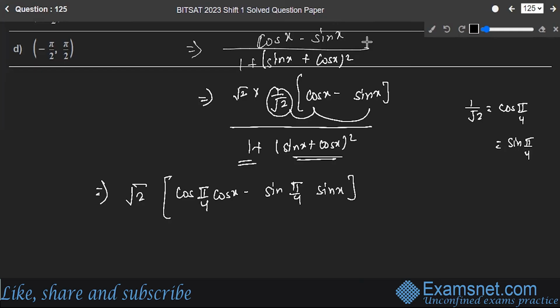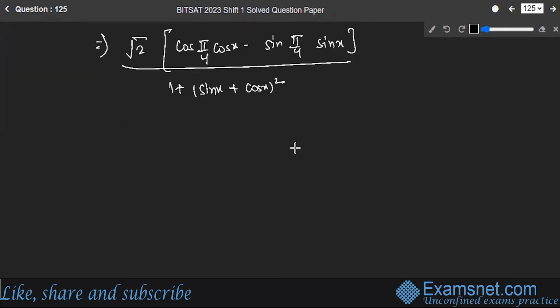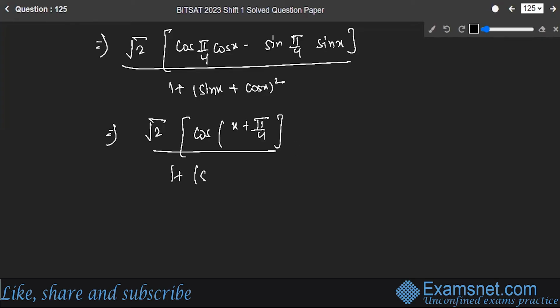Hope you're understanding what I'm trying to do over here. So now this is equal to root 2, and this is cos of a plus b, so cos of x plus pi by 4 upon sin x plus cos x whole square.